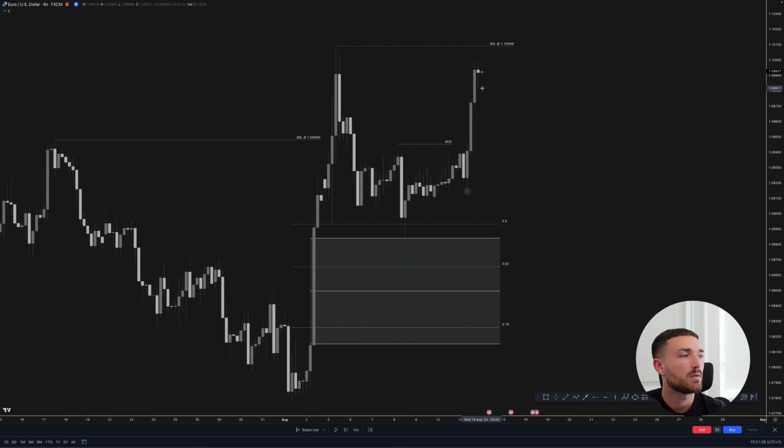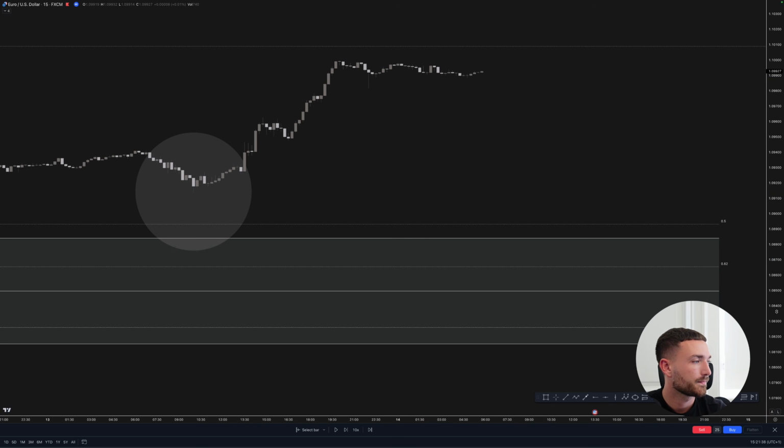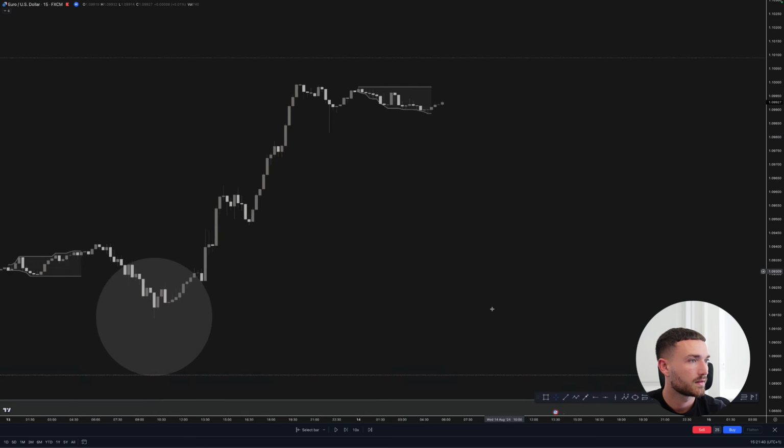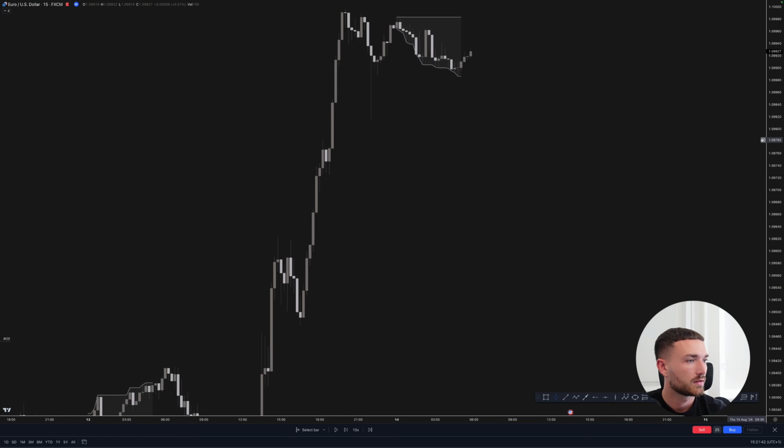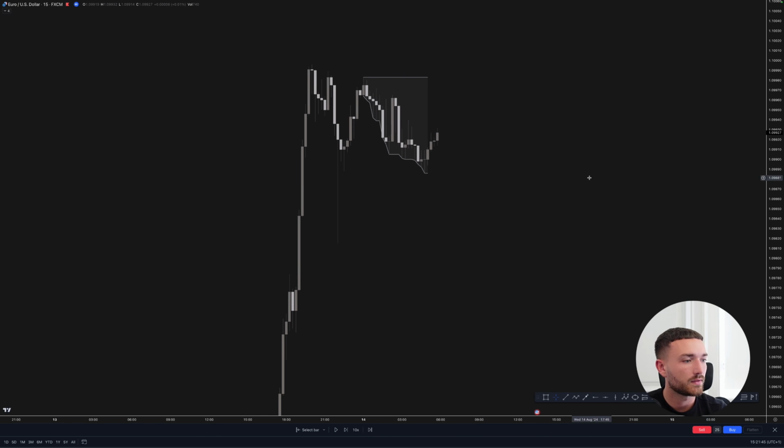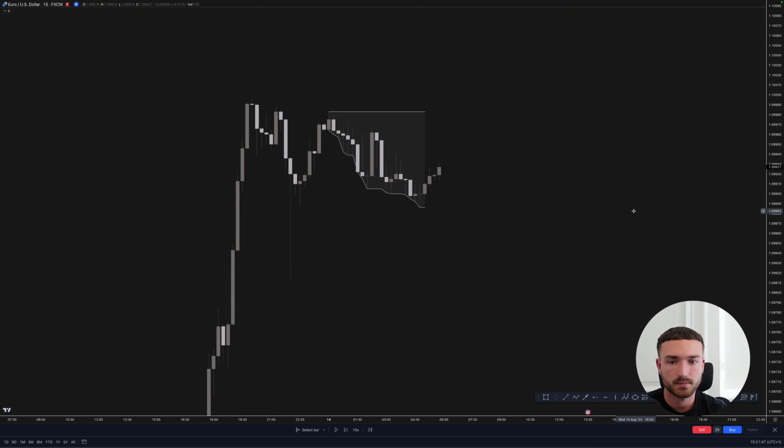Okay, so now what I can do is jump on the smaller time frame and really pinpoint something in here in order to take the last buy up here. We can do that by jumping on the 15-minute. So on the 15-minute, we're just looking at this price action here.